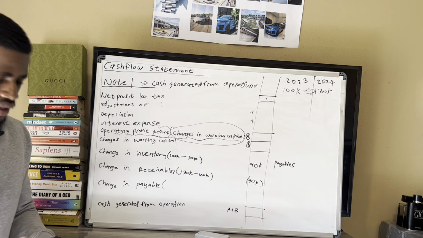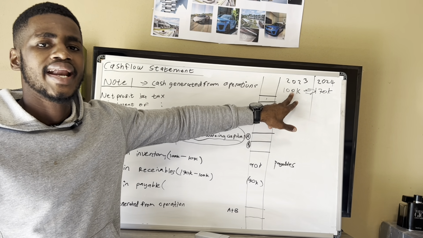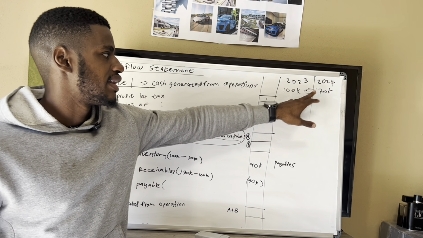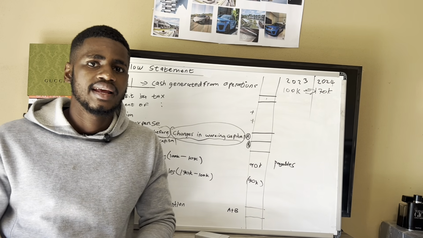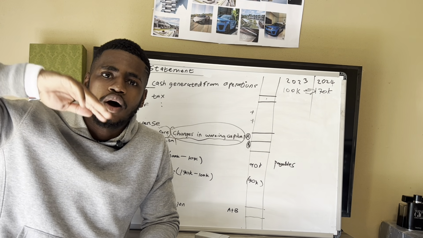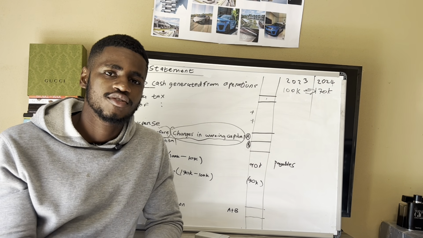Now let's say the people that we were owing money to, we were owing them 100,000 last year. This year we are owing them 170,000. Do you see that the money that we are owing them has increased? Now obviously sometimes that is not a good thing, but we are talking about cash flow.